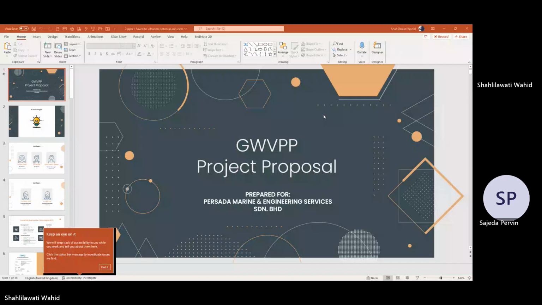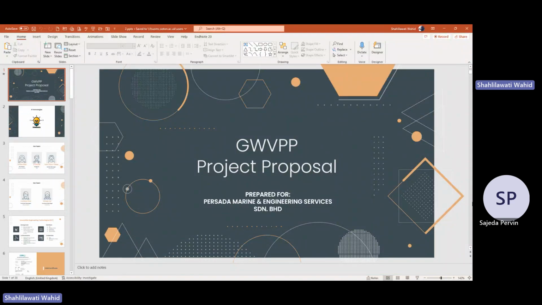There's a Microsoft Teams icon. Yes, that one. Yes, click. Share. Okay, Windows. Yes, your PowerPoint. Okay. Minimize the window for Microsoft Teams.